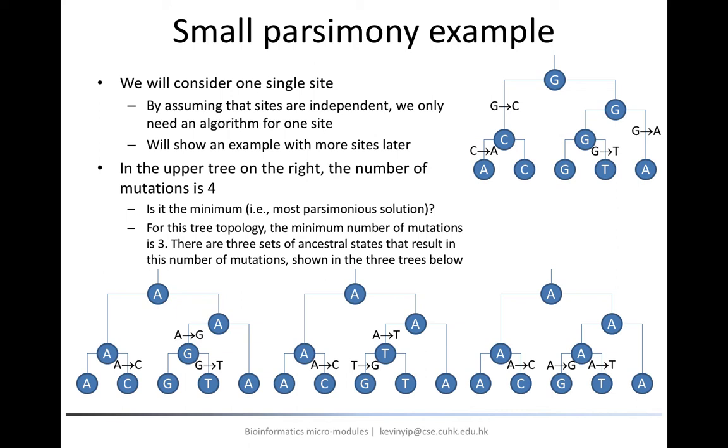The second question is whether we have found all the optimal solutions. That is, whether there are other ways to assign the ancestral sequences that would lead to only 3 mutations. The answer is that there are no other optimal solutions, and we will come back to this point later.